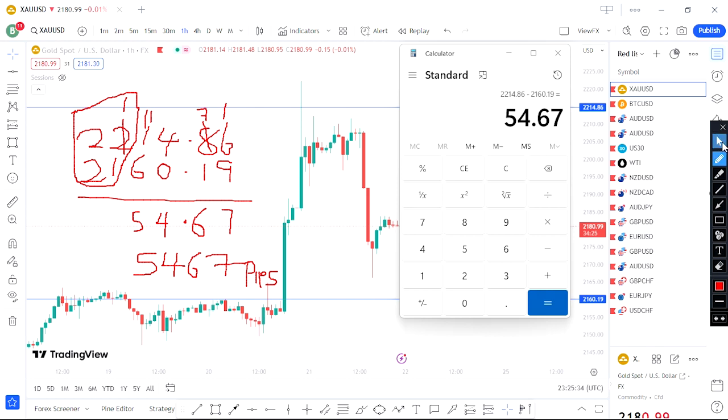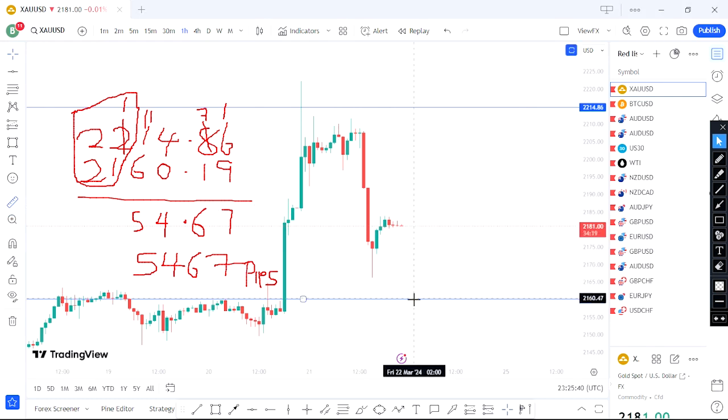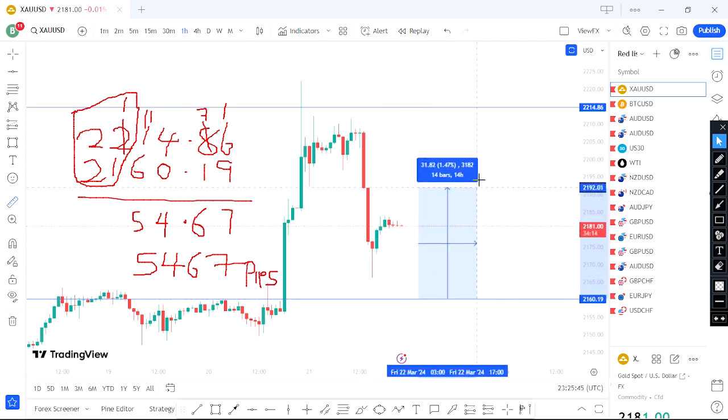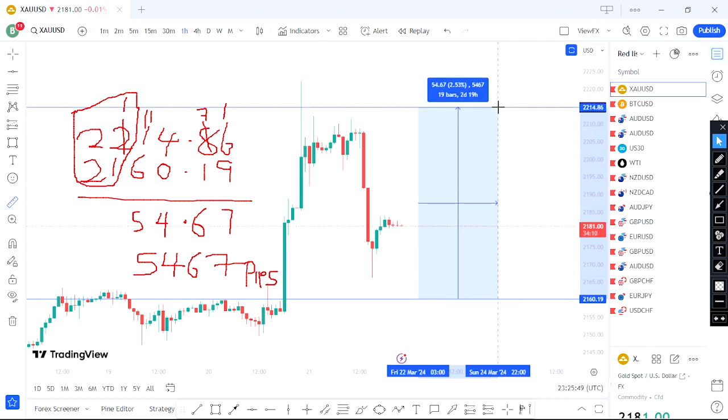Now let's try using the ruler. This is the ruler. I'm going to click here. Then I'm going to lift the click. Then I move my hand. And when I get to this place, I click again. So what can you see here? This is 5, 4, 6, 7.